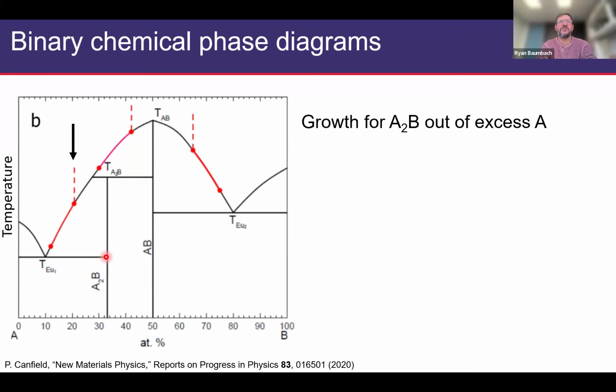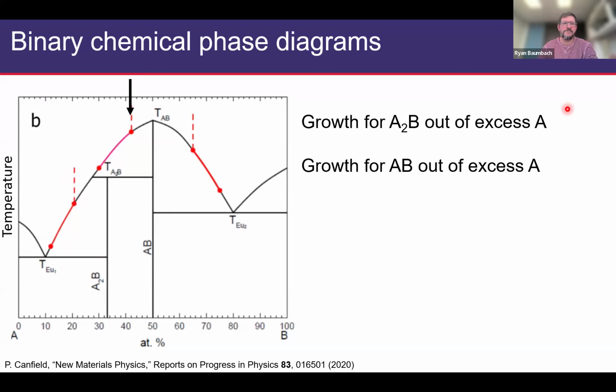Whether or not they will be large or small or twinned or whatever is going to be a question of how slowly you cool it and perhaps other conditions that we haven't really baked into this. But in an ideal formulation, by slowly cooling, we can drop out A2B and then ride this line all the way down to the eutectic.